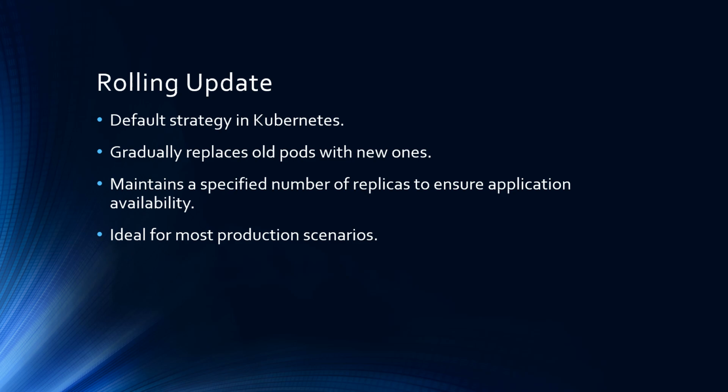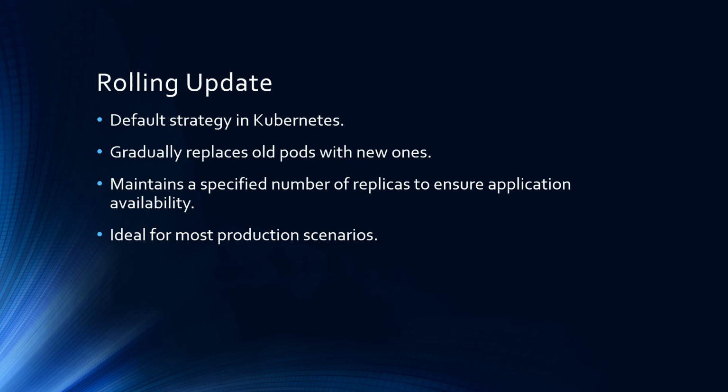One of the key advantages of this approach is that it maintains application availability throughout the update process. However, there are some important considerations to keep in mind. First, during the update, you'll have both old and new versions of your application running simultaneously. This means your application needs to be designed to handle this situation, particularly regarding database schemas and API versions.